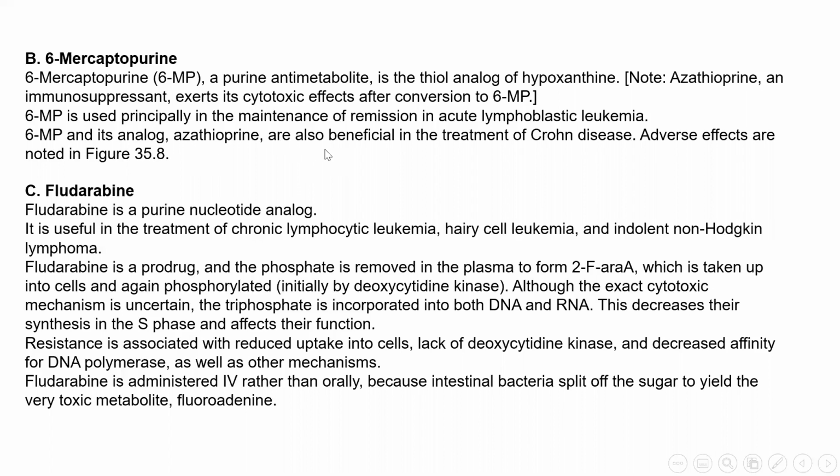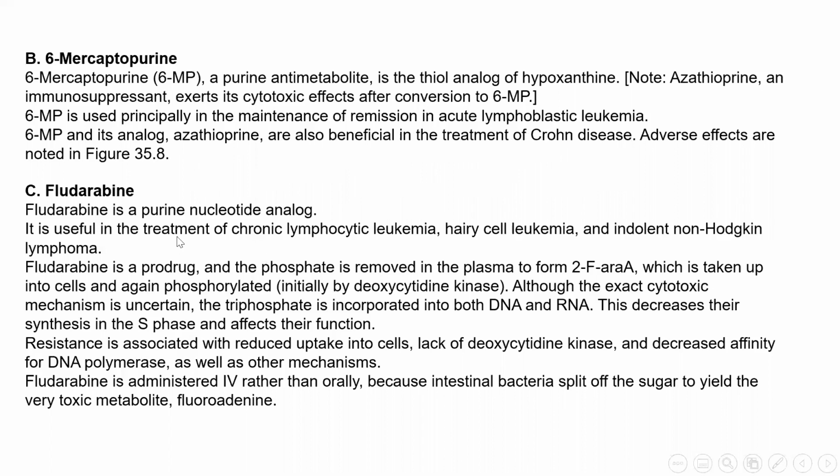6-MP is now primarily used for maintenance of remission in acute lymphoblastic leukemia. This is the major use for this drug. Both of them are useful in the treatment of other diseases such as Crohn's disease, in addition to the anti-cancer effect.